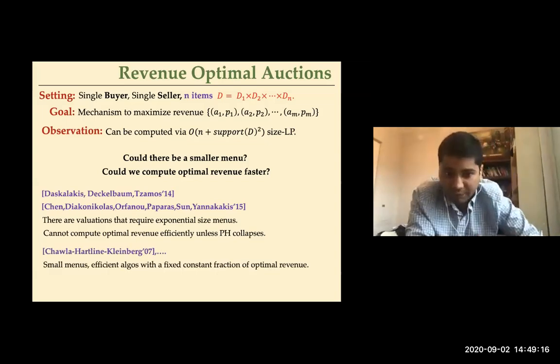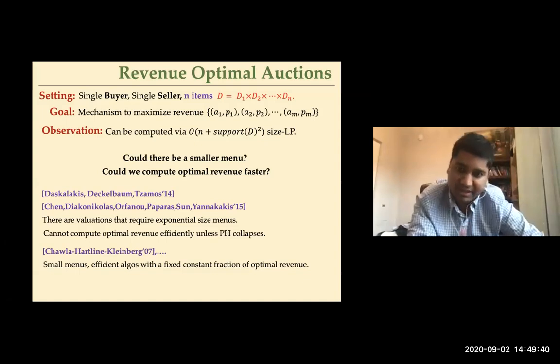So a lot of work has focused on approximating. The landmark work of Chawla, Hartline, and Kleinberg brought this question into the TCS framework, and since then a number of works have focused on this. The punchline of these works is to design simple mechanisms that have menus which are not too large and achieve a fixed constant fraction of the optimal revenue. But it is a legitimate question to wonder if I can extract an arbitrarily large fraction of the optimal revenue.